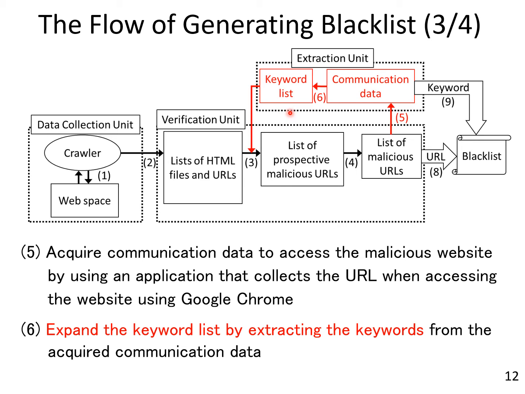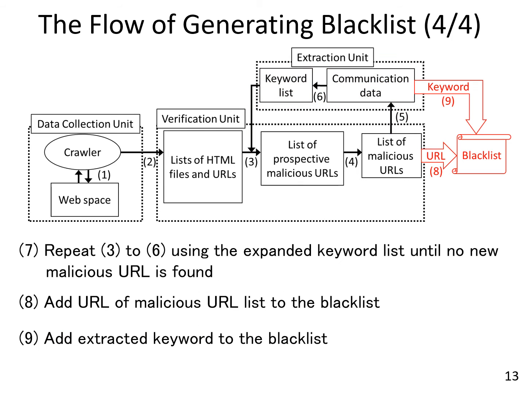Next, expand the keyword list by extracting the keywords from the acquired communication data. Repeat 3 to 6 using the expanded keyword list until no new malicious URL is found. Finally, add the URLs of the malicious URL list to the blacklist and add the extracted keywords to the blacklist.